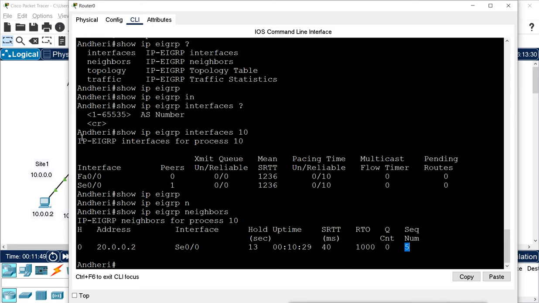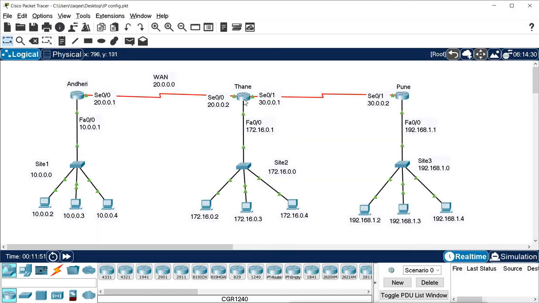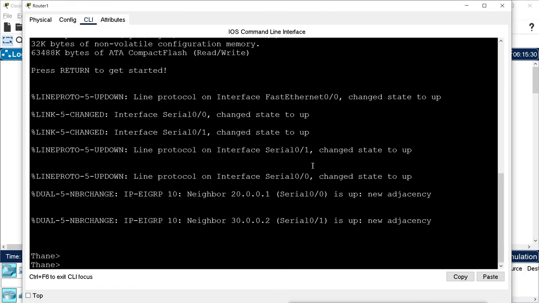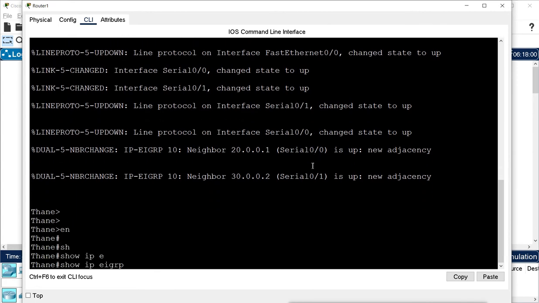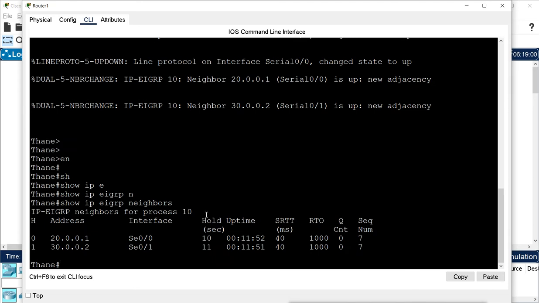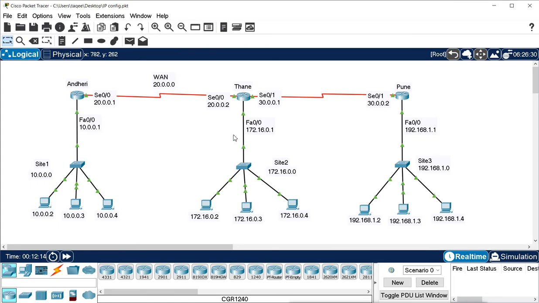If you see this on the other router, like in this Thane router, if I say show IP EIGRP neighbors, this one has two neighbors. One is on this side, one on the other side. One is connected to serial 0/0. The other one is connected to serial 0/1. We can see here from Thane, one is Andheri, which is connected from serial 0/0.